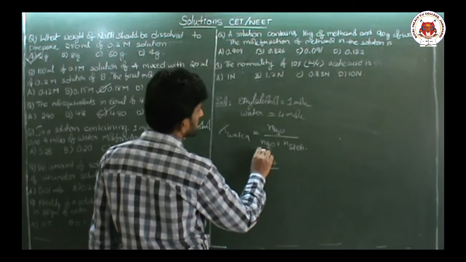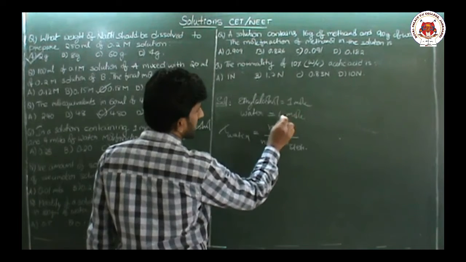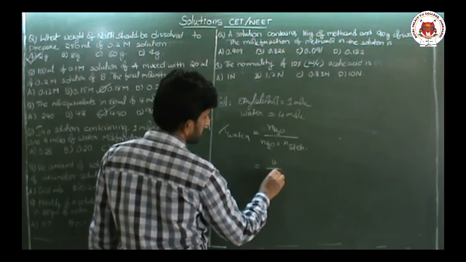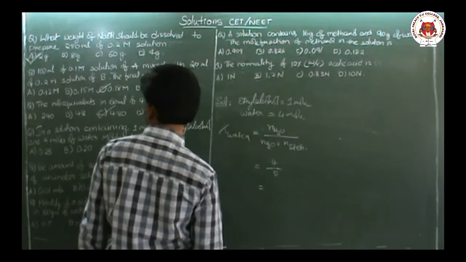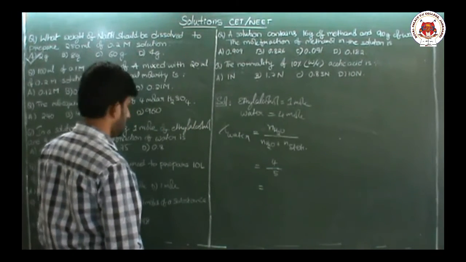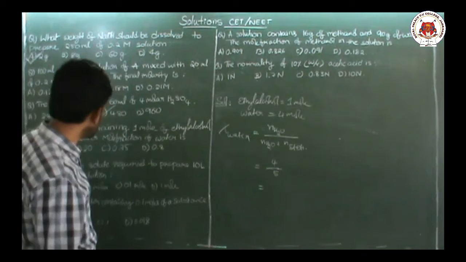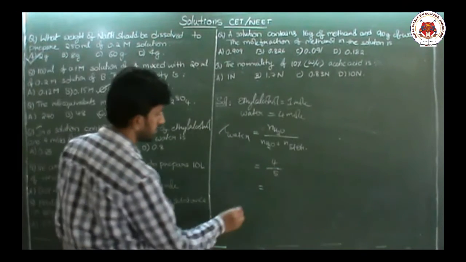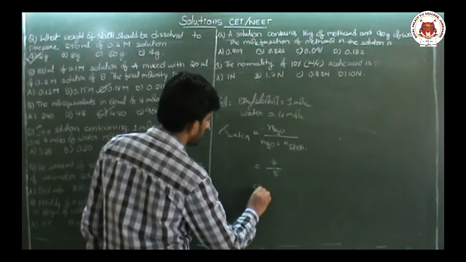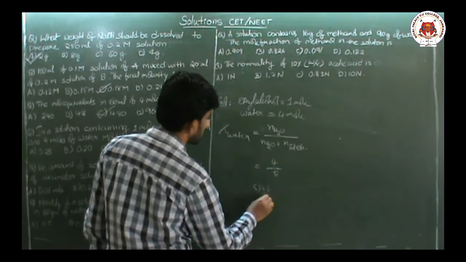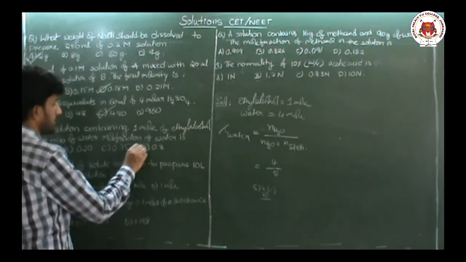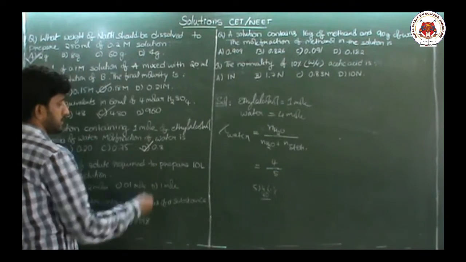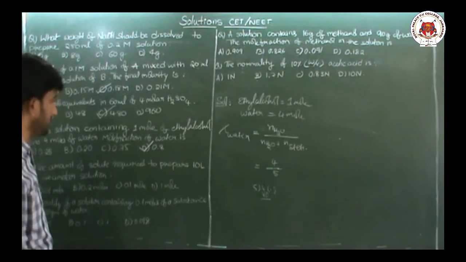Water plus ethyl alcohol is 4 plus 1, 5. So 4 by 5 is the answer, which is 0.8.